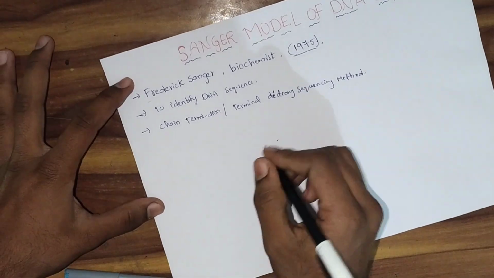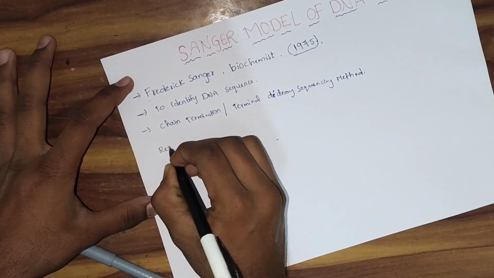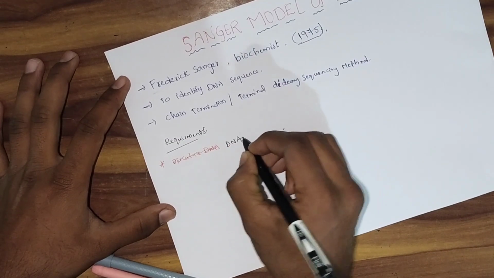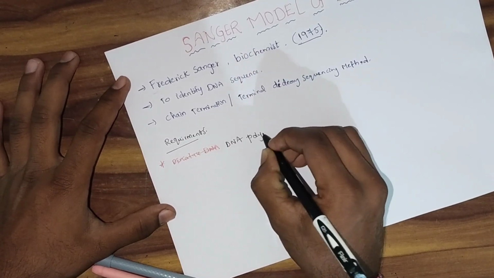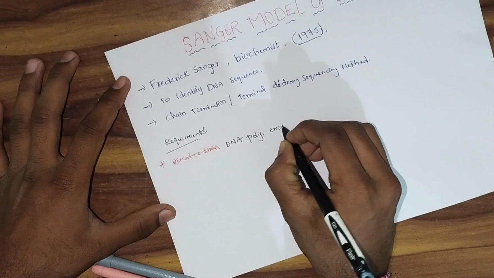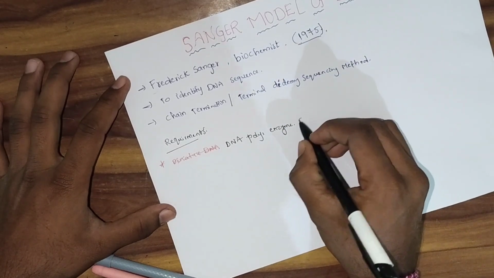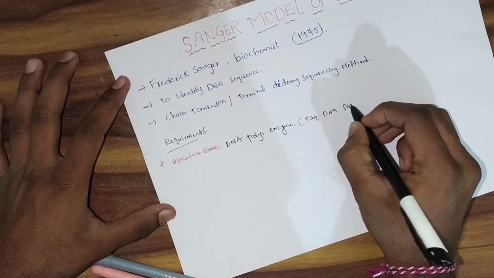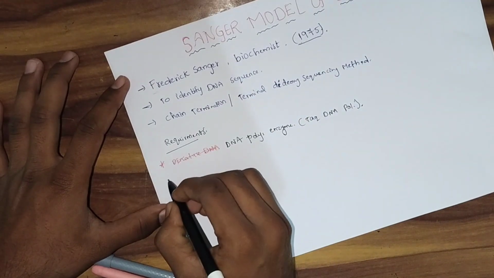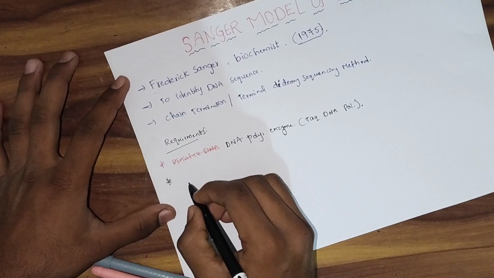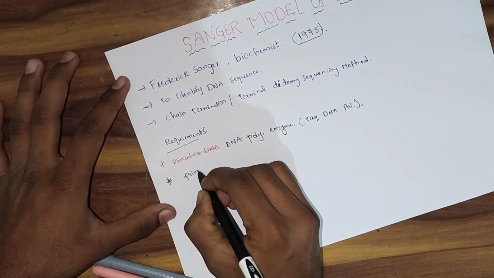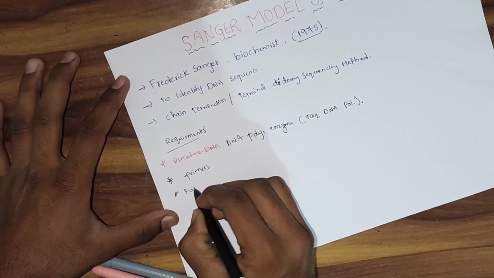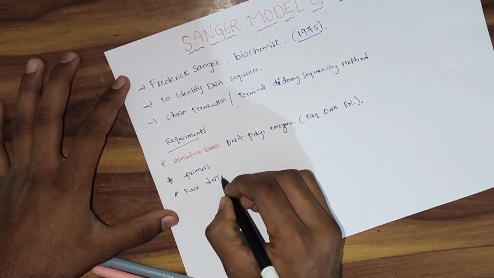The requirements are: a DNA polymerase enzyme, for example Taq DNA polymerase; primers; and 4 dNTPs.